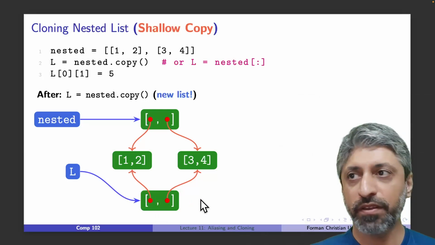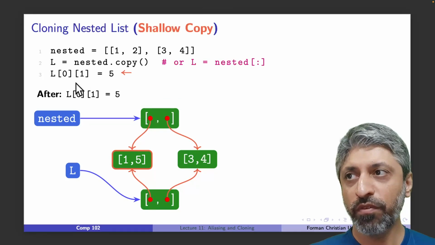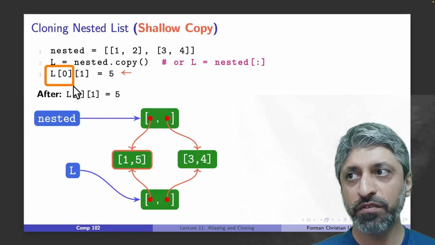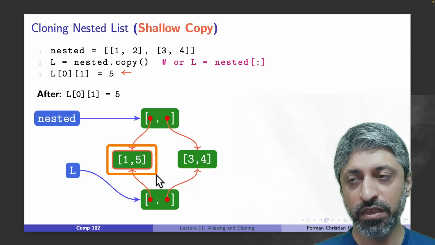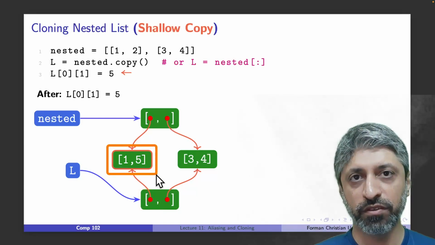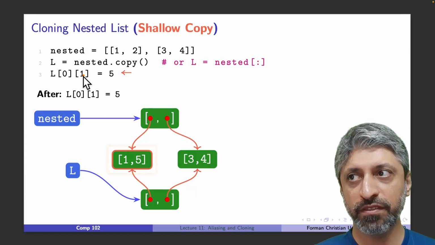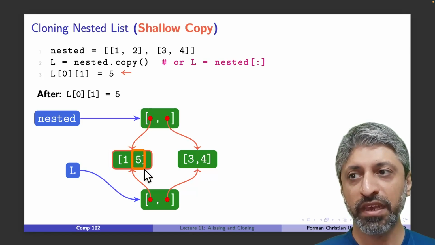अब इससे होगा क्या? So now when you do L of 0, आप L पे गए, इसका 0th item is this, is going to give you the object at the 0th position. And when you change the first item in that to something else, not 5, it should be something else.